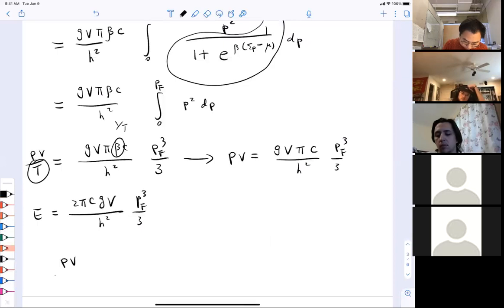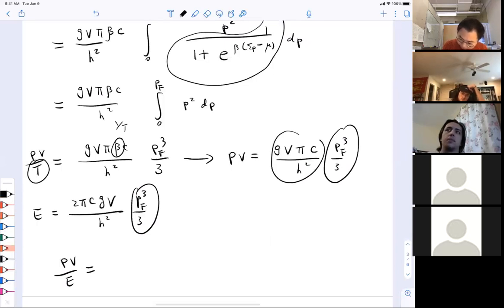So PV divided by E is given by, so this guy cancels out, many factors cancel out. So the whole thing cancels out. Left with 1/2. So it's PV equal to E divided by 2.